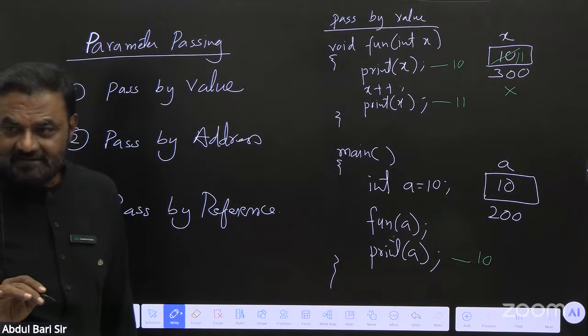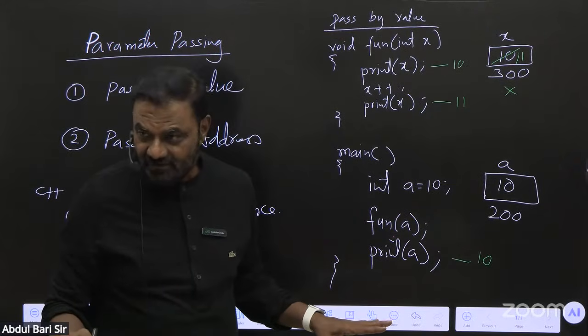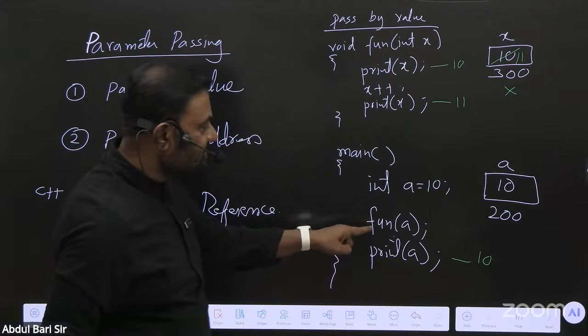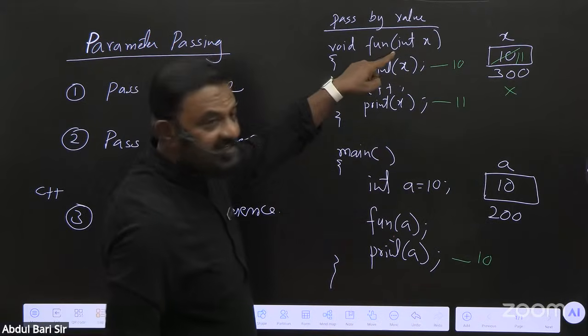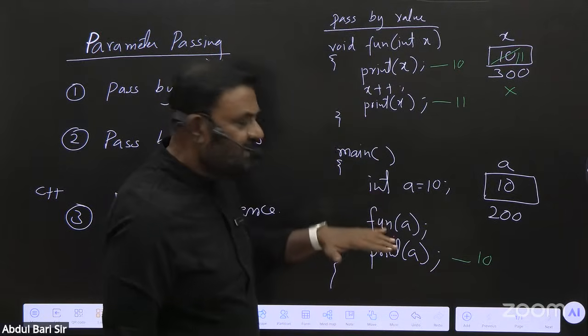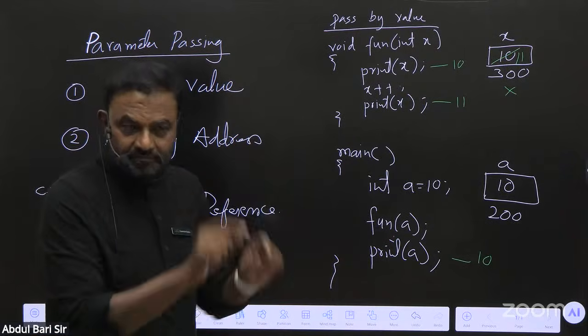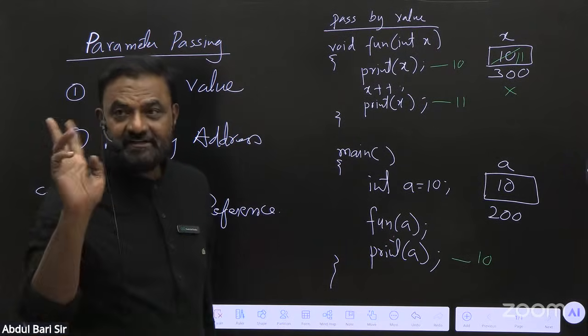All right. So the value of a is not changed, because what was sent from here was just the value of a, sent to x, and x has the change inside the function. So the actual value is not changed. Now, to describe this, I will take two terms.